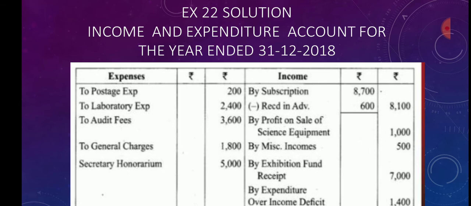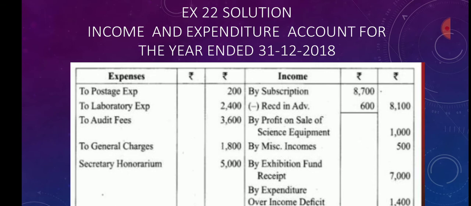First we come to the income side, that is the credit side. By subscription 8700, less received in advance. Subscription received in advance is for 2019.